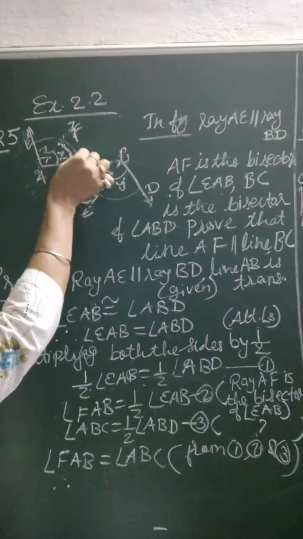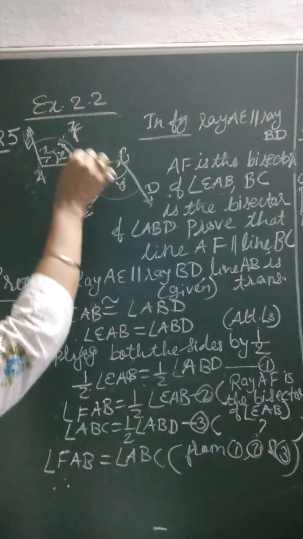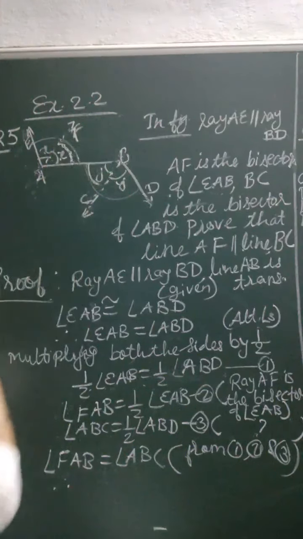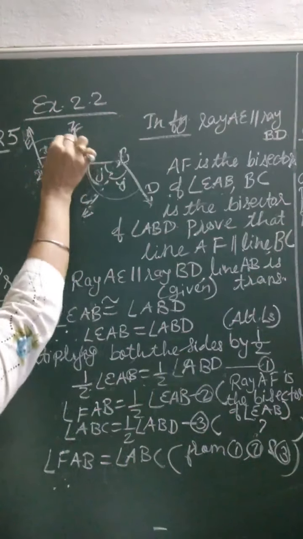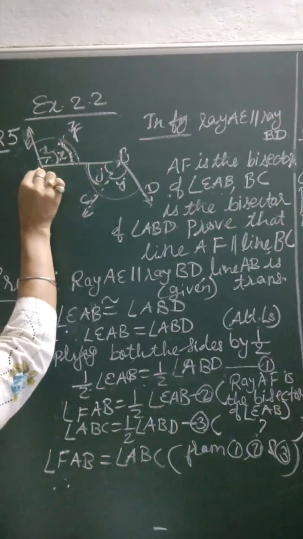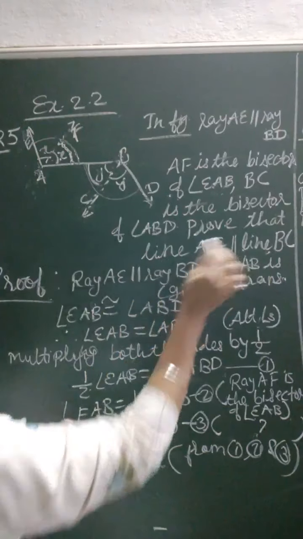You know, this is a pair of alternate angles, and from here you are getting that alternate angles are congruent, and you know if a pair of alternate angles is congruent, then the lines are parallel. Now these angles are formed by which two parallel lines? Line AF and line BC, and hence proved.